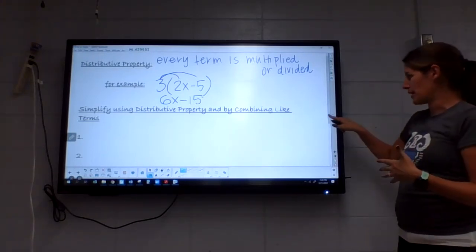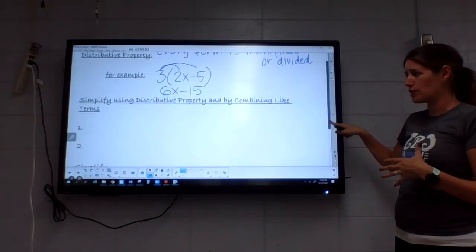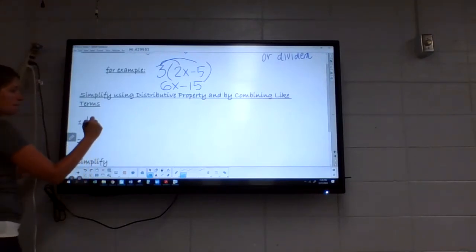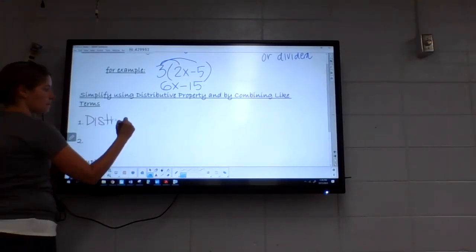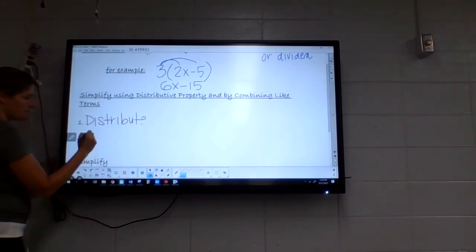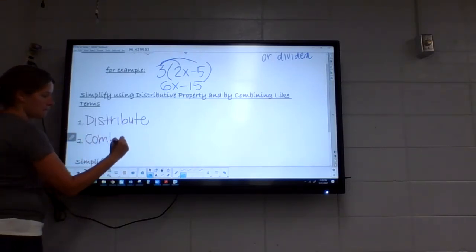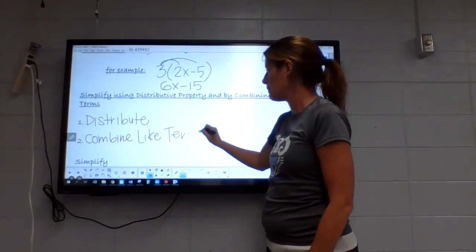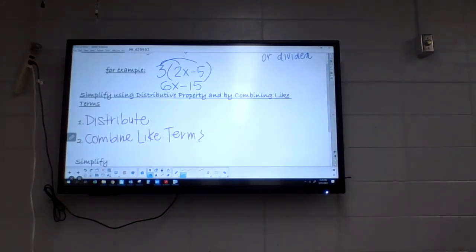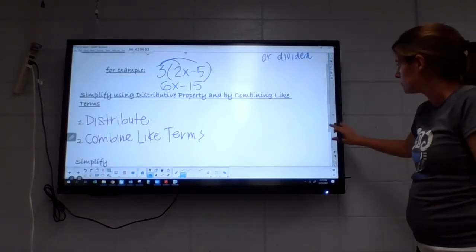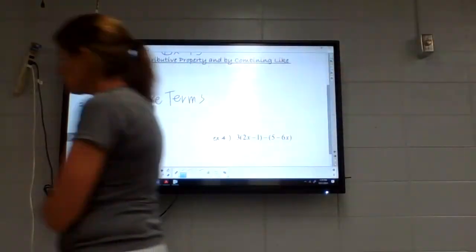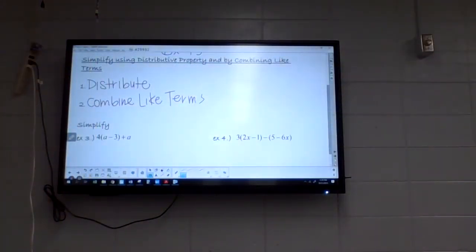So that's the order we do things in, because it's multiplication and division before addition and subtraction. Distribute, and then we'll combine our like terms from there.